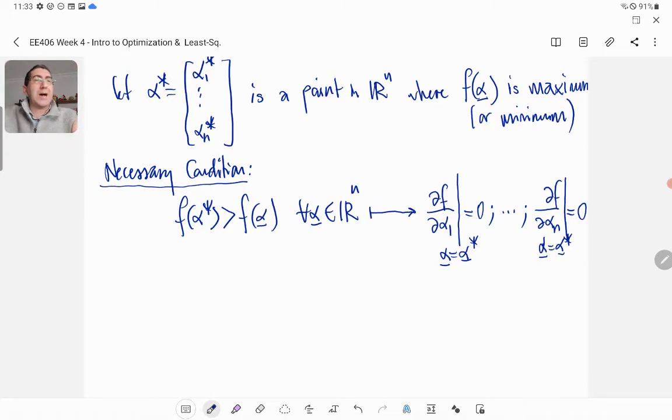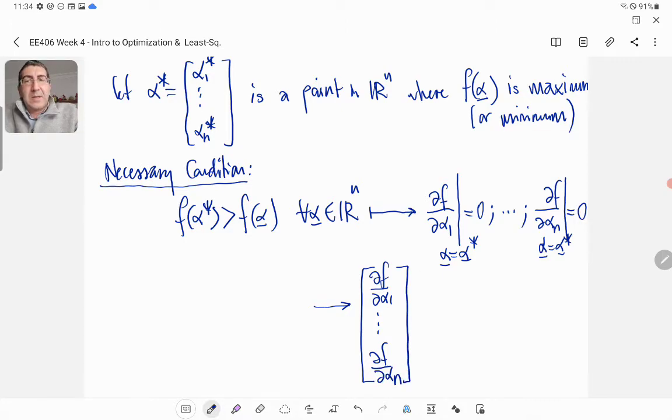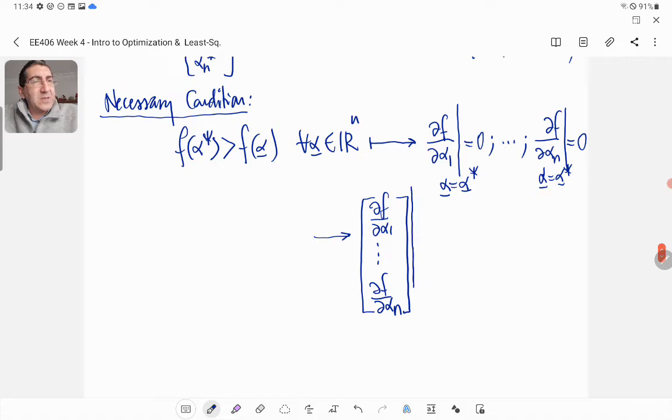and up to alpha n. Okay, so if you put this into a vector notation, you have a vector which is df over d alpha 1 up to df over d alpha n. Again, this vector evaluated at alpha equals alpha star has to be equal to the 0 vector.